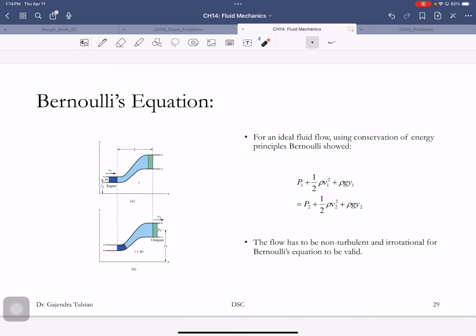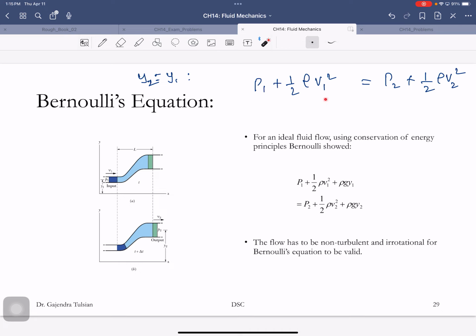One of the most important applications of this is the following. Let's make sure you understand this. Let's say y1 and y2 are the same. Then I'm going to write P1 + 1/2 ρ V1² = P2 + 1/2 ρ V2², under that condition.